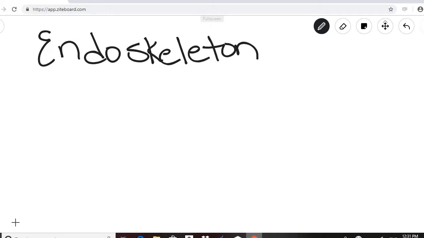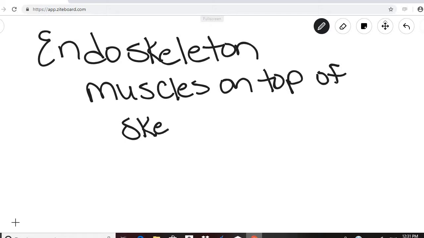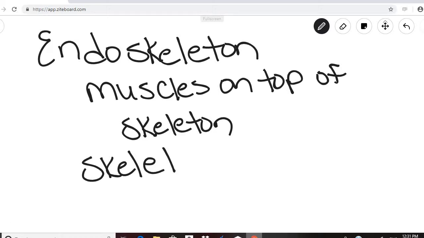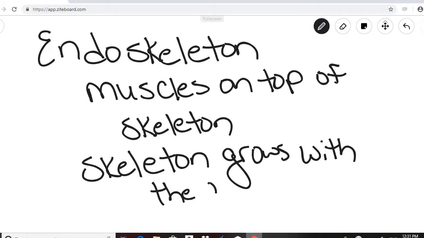The muscles are on top of the skeleton. And the skeleton grows with the organism. So they don't need to shed like in an exoskeleton, because the skeleton grows with the animal. Okay, so that's the difference between exoskeleton and an endoskeleton.